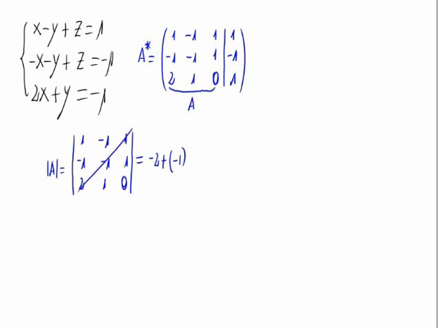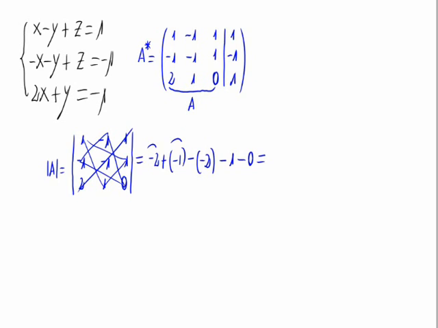The negative elements are 2 times minus 1 times 1, that is minus 2. And now minus this times this times this: 1 times 1 times 1 is 1, and as this is negative, minus 1. And now minus 1 times 0, it's 0.